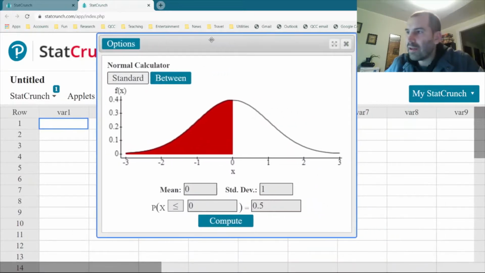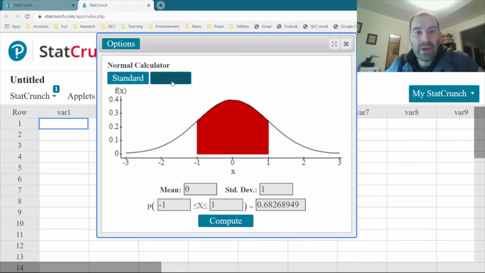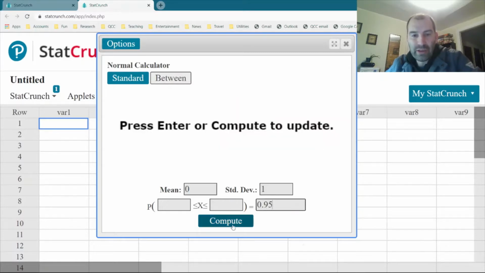I want to find in the normal distribution the z-score that bounds 95% of the data. So I want to have 95% of the data between plus or minus that z-value. I'm going to put in 0.95.